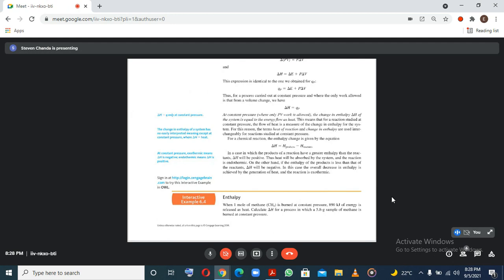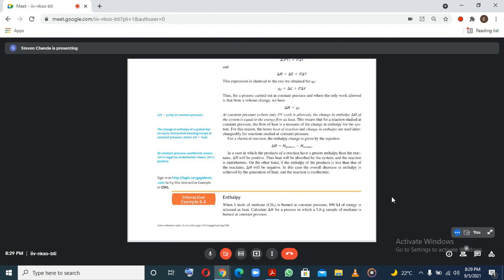And remember, when the system loses something, a negative sign is put to show that something has been lost from the system. And so when the enthalpy change is negative, that reaction is exothermic. Okay, so that's pretty much about enthalpy.